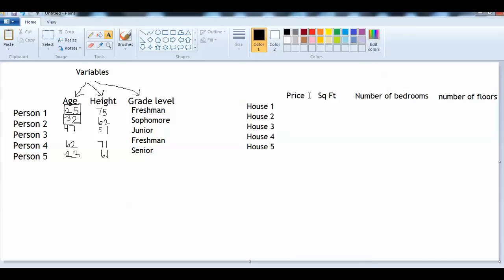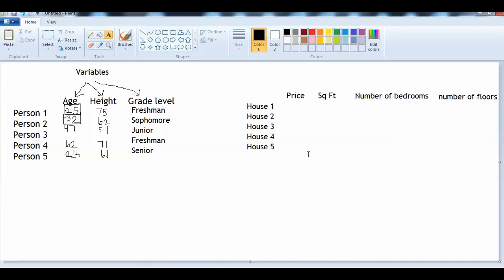So these 4 things up here are the variables in our data set. These 5 houses are the observational units that we're collecting data from. And how many data values would be in here? 5 times 4.